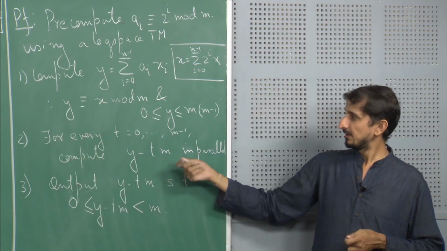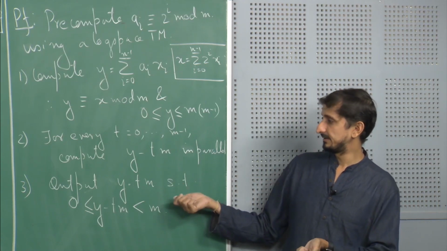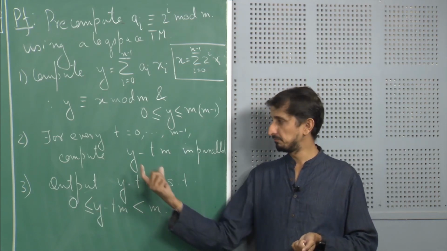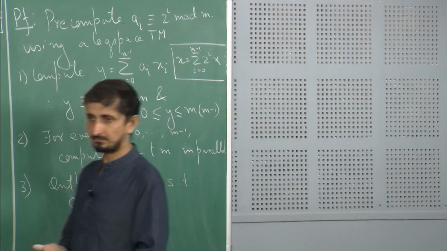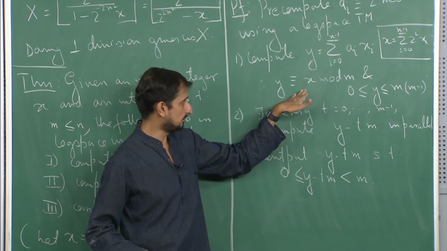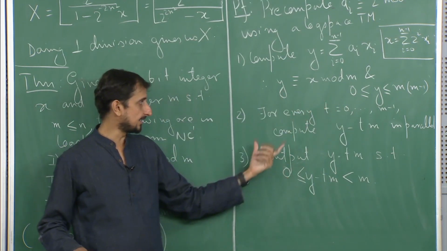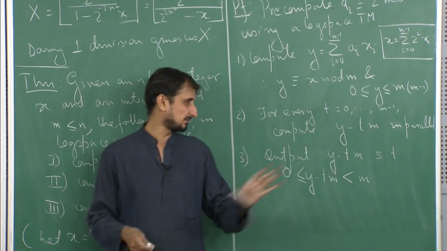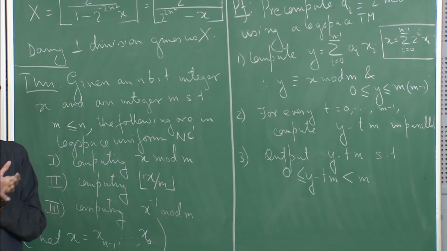Now I just have to check for each value of t what is the largest value of t such that y minus tm is between 0 and m, and that y minus tm is my remainder. So y and x are both congruent modulo m. Essentially I have reduced the problem from x to y, and now I am doing this for each and every value of t, because I know that y is small, y is no longer large.